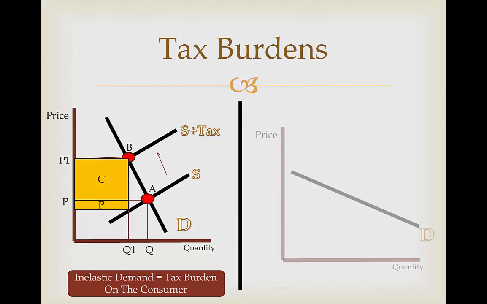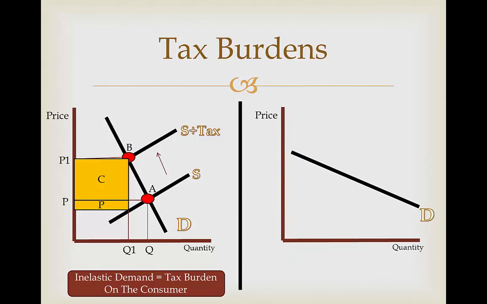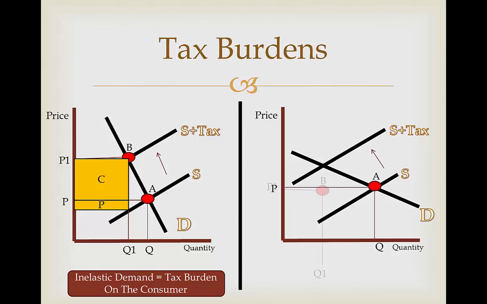Now we're going to have a look at the more elastic demand graphs, which show the tax burden on elastic goods. So here we're going to increase the tax again, and we move from point A to point B. As always, first we draw on the consumer, and this is the difference between P1 and P, and we put this in here.